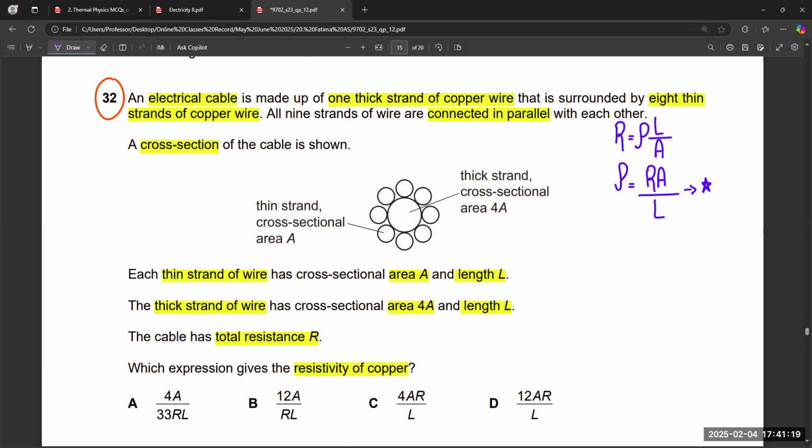So basically this is a whole electrical cable wire, and there are different cross-sectional areas of wires connected.